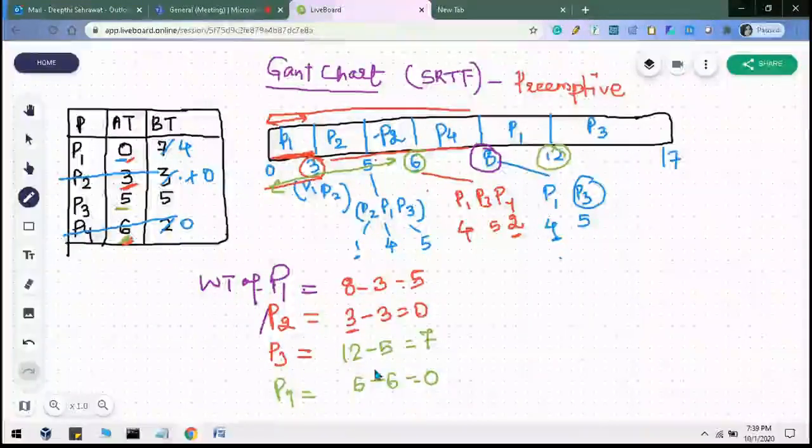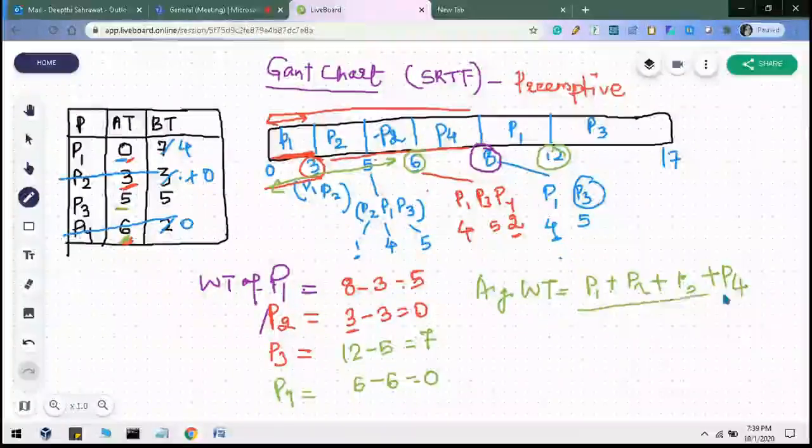So what about the average waiting time? The average waiting time of all the processes, we will find by adding the waiting time of P1 plus waiting time of P2, then waiting time of P3 and waiting time of P4, upon how many processes are there? 4 processes are there.